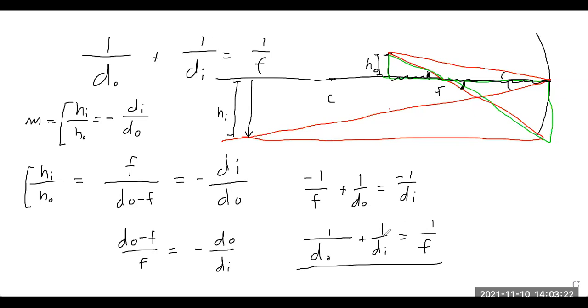And you might end up with a negative image distance. So what if instead of having a mirror like this, there are light rays coming in? We had something which is convex.